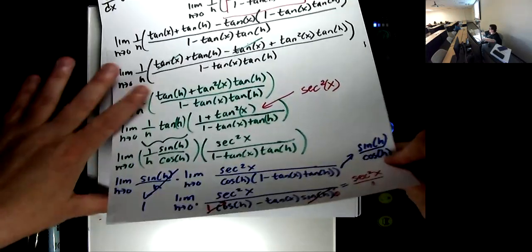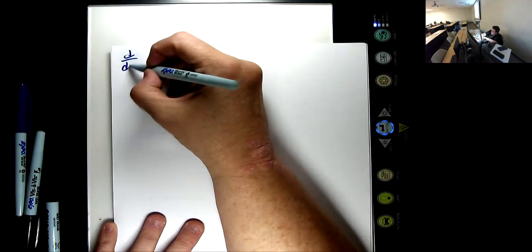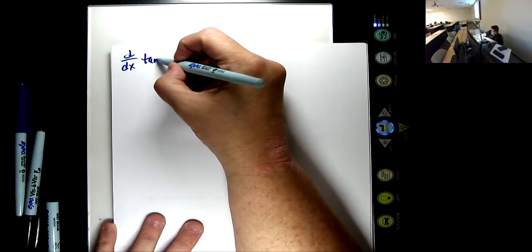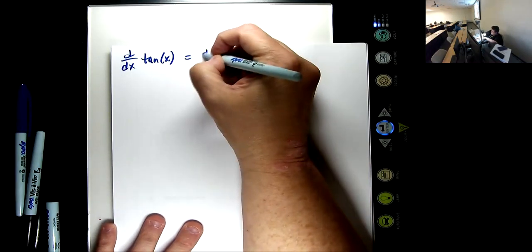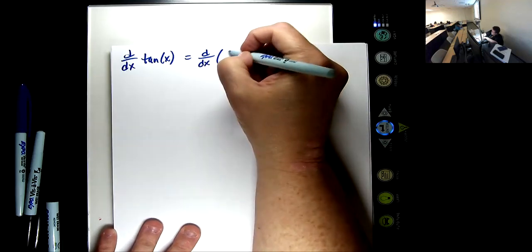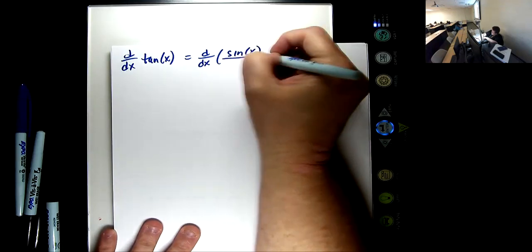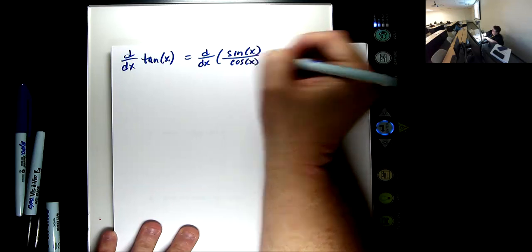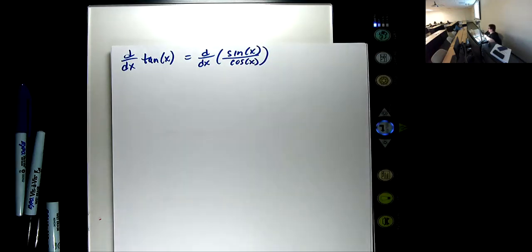Your teacher, though, is a cheap bastard. He's sneaky. I have already done the derivative of sine x and derivative of cosine x using limit as h goes to 0.